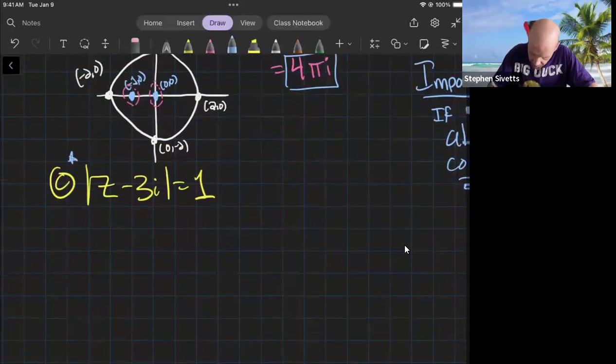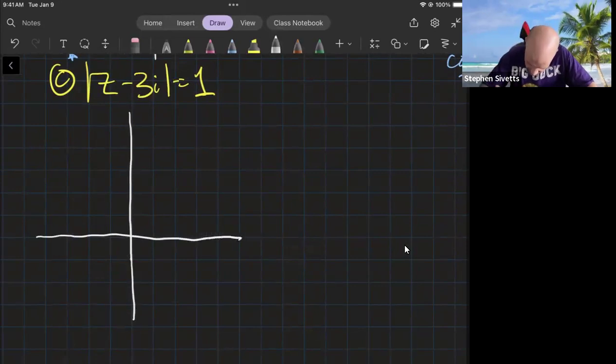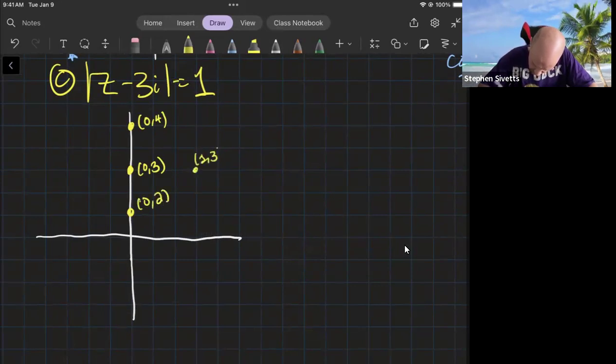And then for part C, we're looking at the circle of radius 1, but its center is at 0, 3. So I have 0, 4, 0, 2, 1, 3, and minus 1, 3 here.